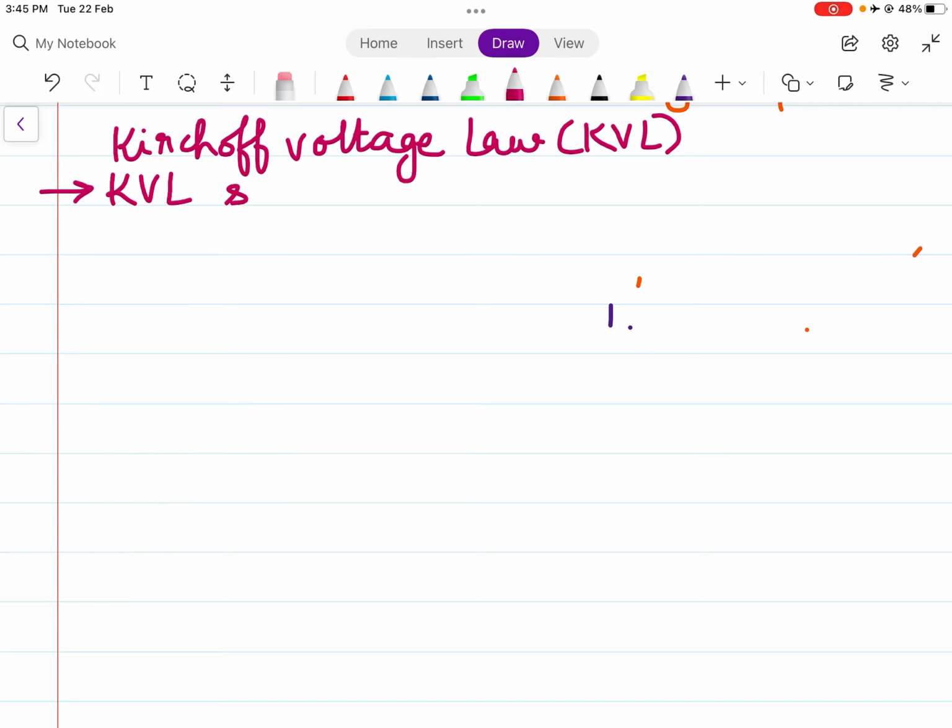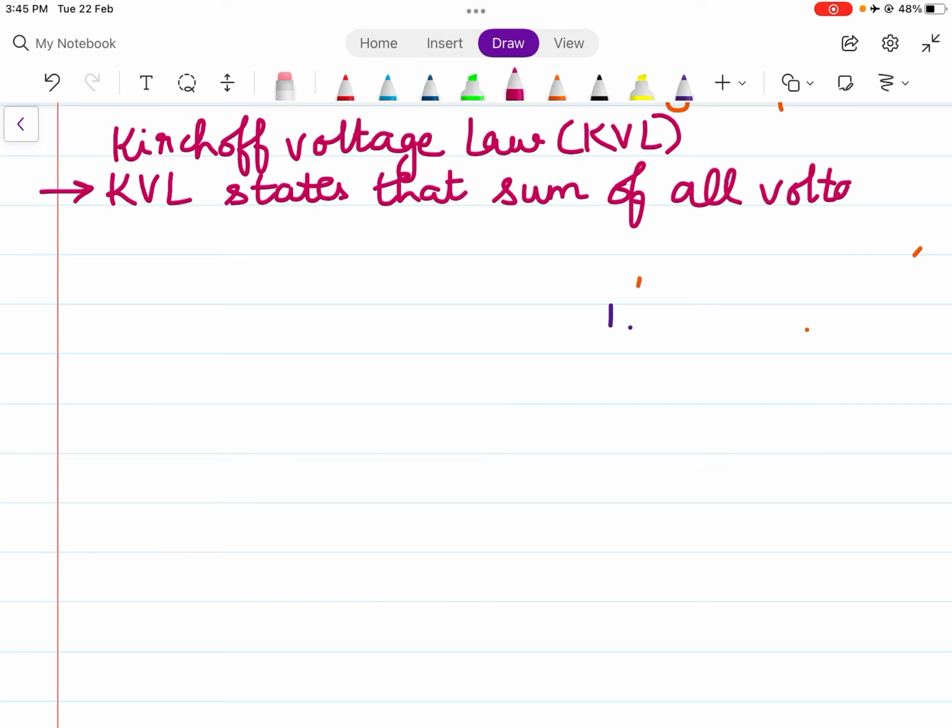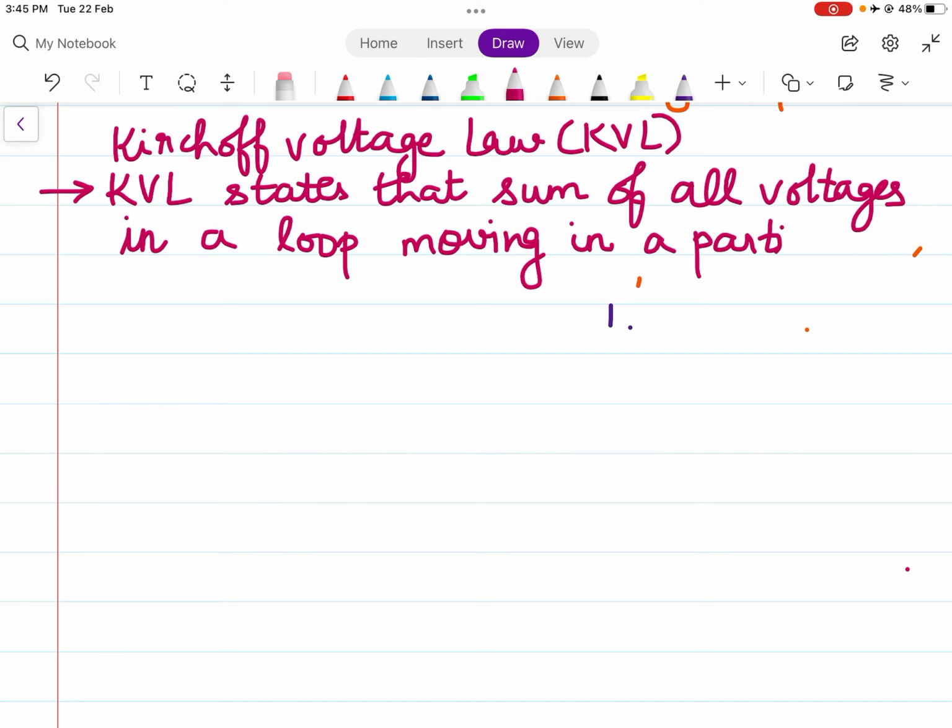KVL states that sum of all voltages in a loop moving in a particular direction is 0. So sum of all the voltages in a loop moving in a particular direction is 0.